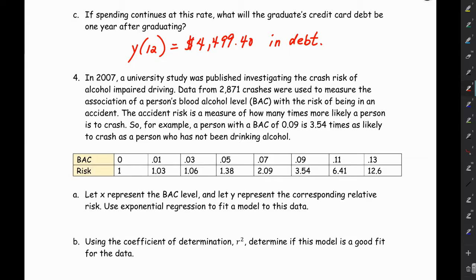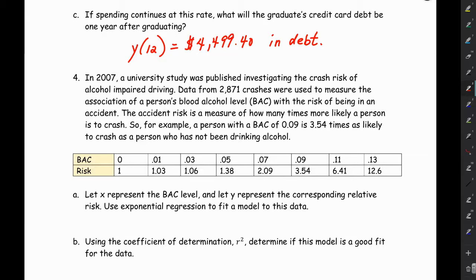The accident risk is a measure of how many more times likely a person is to crash. So for example, if you have a blood alcohol level of 0.09, according to this chart, you're going to be 3.54 times as likely to crash as a person who has not been drinking.